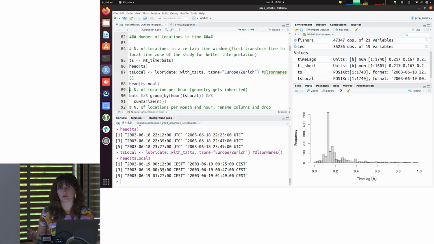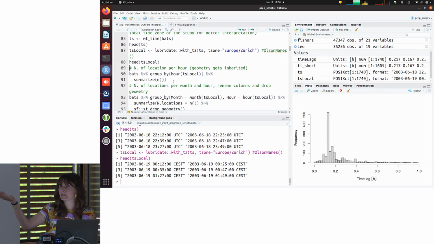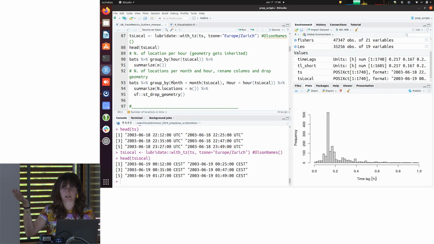That might be useful. Here it doesn't really matter, it's just 1 or 2 hours apart, but especially if you're looking at very different longitudes and you're interested in the behavior of the animal, whether it's nocturnal or diurnal, it makes a lot of sense to look at local timestamps. That takes into consideration the daylight cycle.